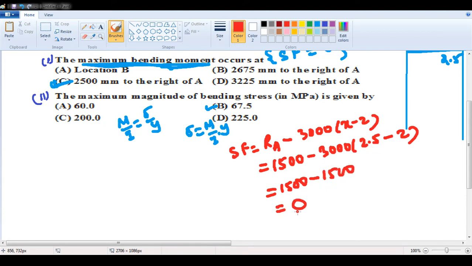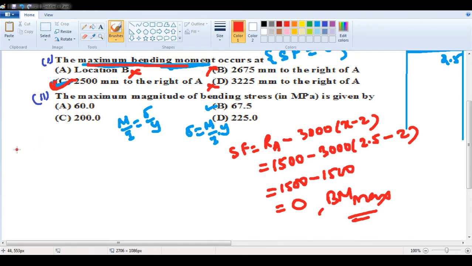We get 0. So wherever shear force will be 0, bending moment will be maximum. That is what the question was asking, maximum bending moment. So this is satisfying. Other values, 2.6 and 3.225, you won't be getting 0. So obviously B is not possible, D is not possible, A is also not possible. Obviously the answer is C.